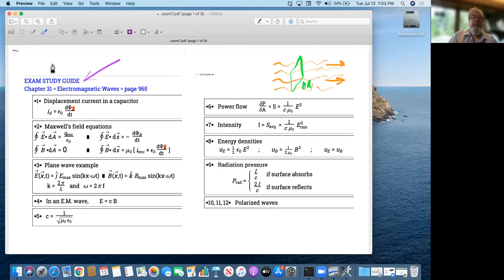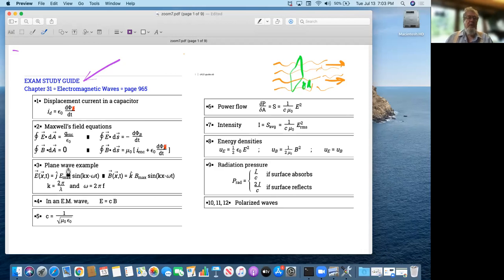So I want to go over some of the problems from the assignment for this week on electromagnetic waves, and we'll see how these equations can be used in each of the homework problems.